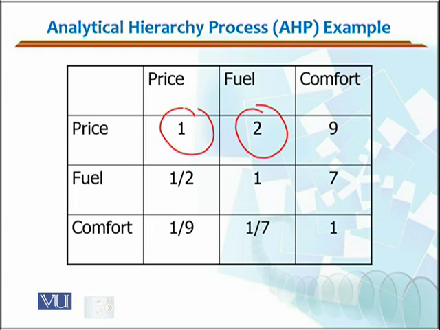What does it mean? It means price is 2 times more important than fuel. If you can recall that table about the pairwise comparisons, the intermediate values were the even numbers, 2, 4, 6, 8. These were the compromise numbers.